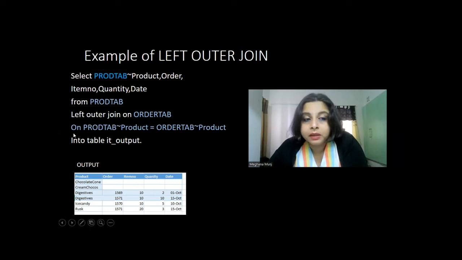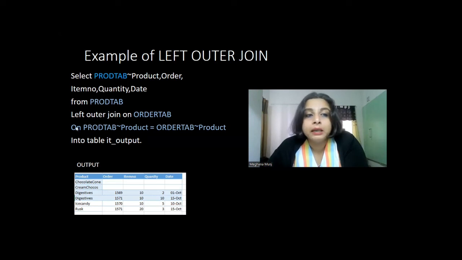Now on prod tab title product is equal to order tab title product. So we are comparing the common field between these two tables, which is product, and it will be fetched into an internal table IT output. If you are writing a CDS join, this into table will not be there, and the output of the CDS view will be a left outer join output table.